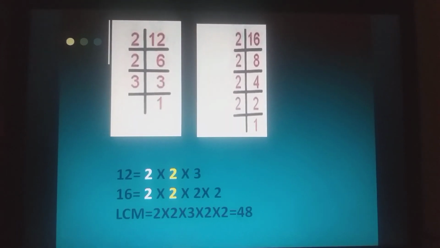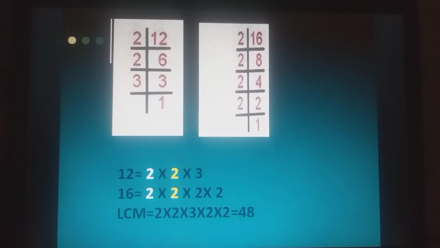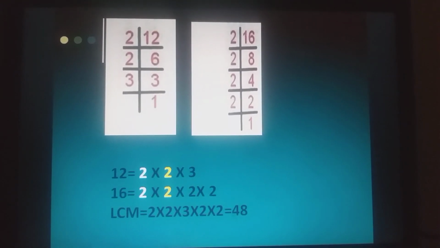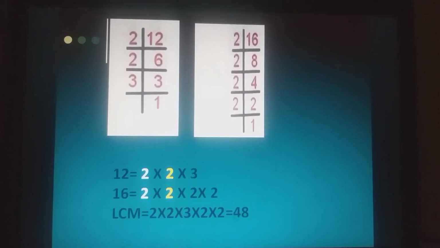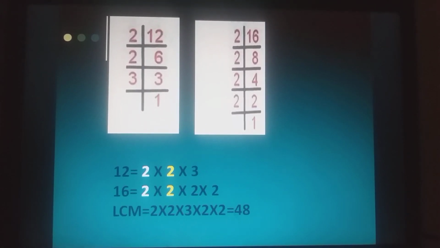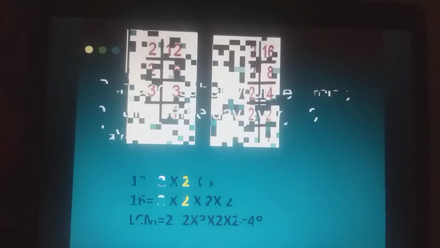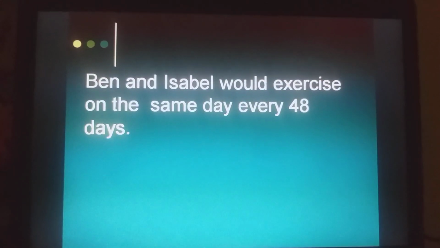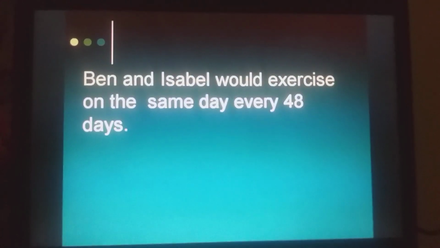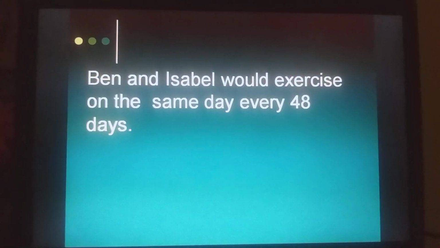The numbers which are paired will be written only once, because they got paired. Therefore, my LCM over here is equal to 48. So my final answer is Ben and Isbal would exercise on the same day every 48 days.